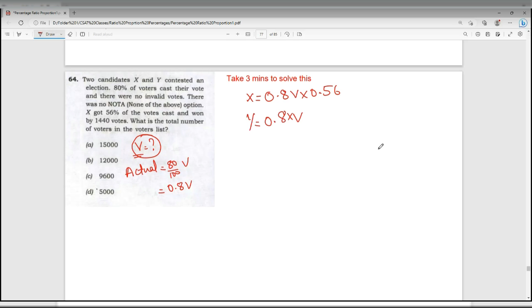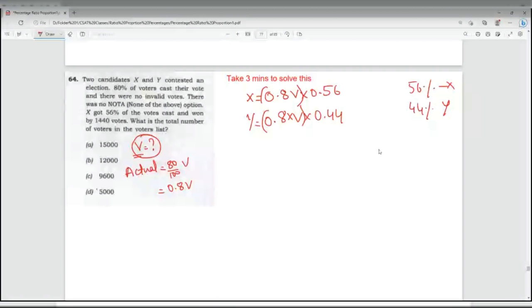So that is 0.44, because 56% have voted for X and 44% have voted for Y. So people who have voted are total 0.8 V. And then they are saying that X won by 1440 votes.